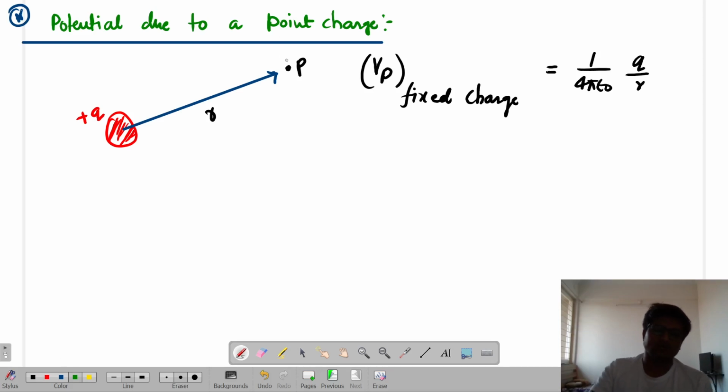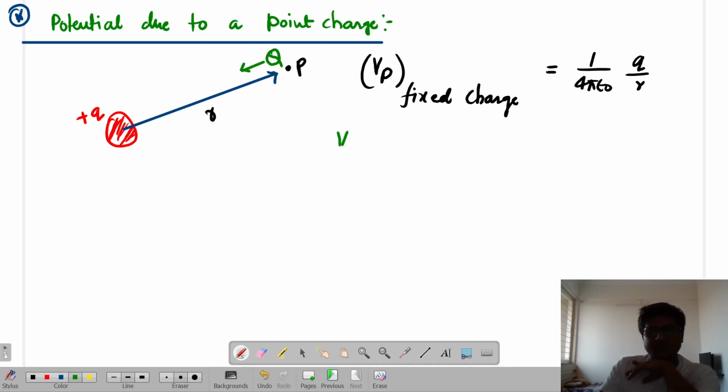And now, if another charge appears over here as capital Q, then we know that this capital Q will experience some force, isn't it? So for this capital Q, how much potential should this capital Q or the external agency have to move it?